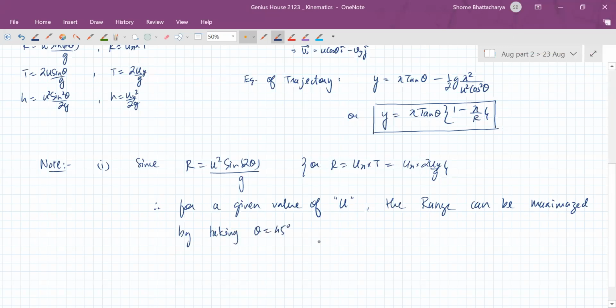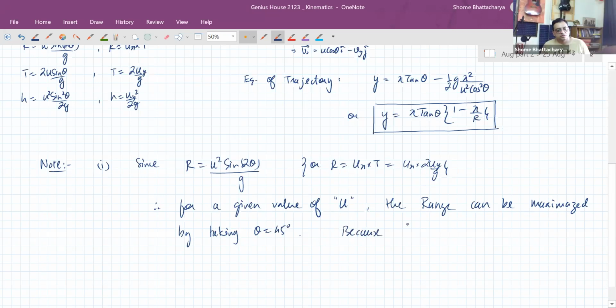This happens because, for a given value of u, range will be maximum when we maximize sine 2 theta. That will become u square by g for 2 theta equal to 90 degrees.